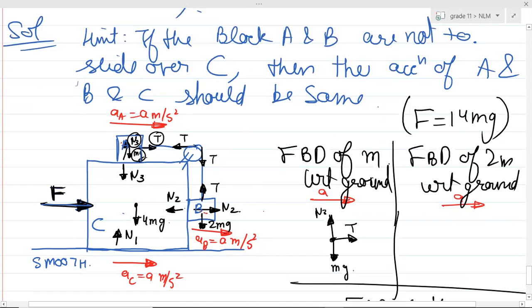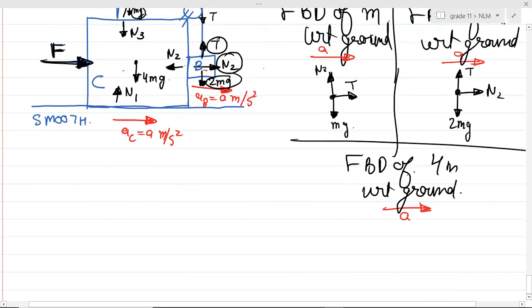After this, 2m: so 2mg acting downwards, T acting upwards, and this N2 acting towards right. So this force is done, this force is done, and this force is done. Yes or no? Now when we draw the FBD of 4m with respect to ground, this 4mg acts downwards.